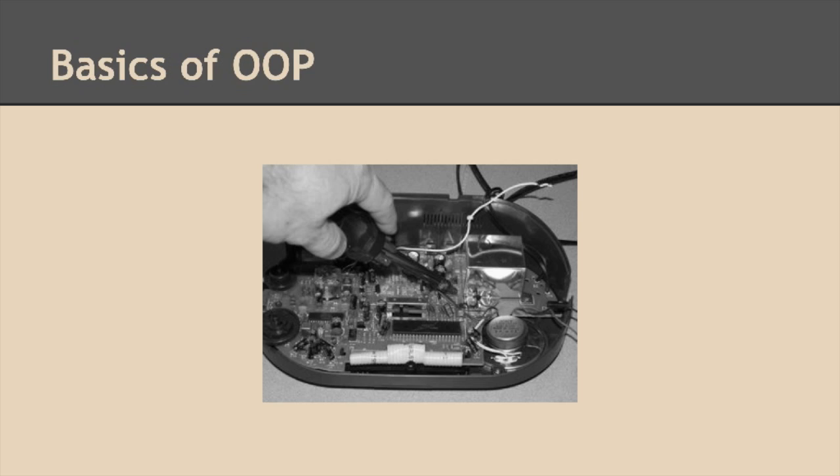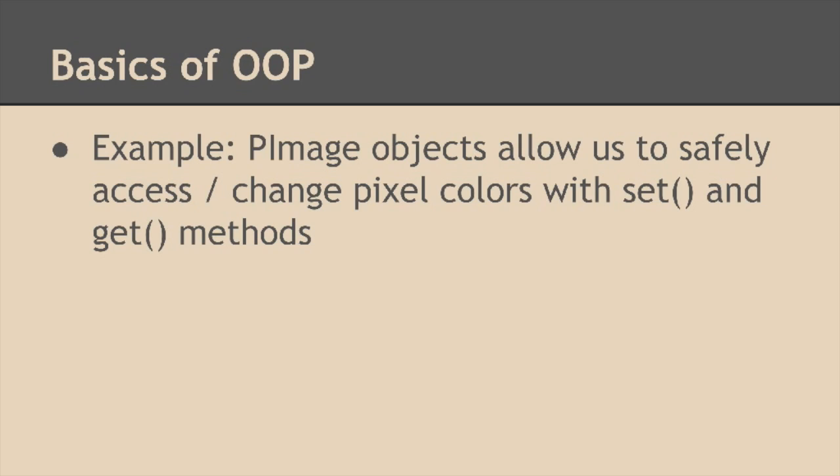In other words, without doing anything stupid. For example, PImage objects that we've used have accessor and mutator methods that allow us to access and change pixel colors. And those, of course, are the set and get methods that we've used, particularly in Chapter 5 if you did the image filtering examples.